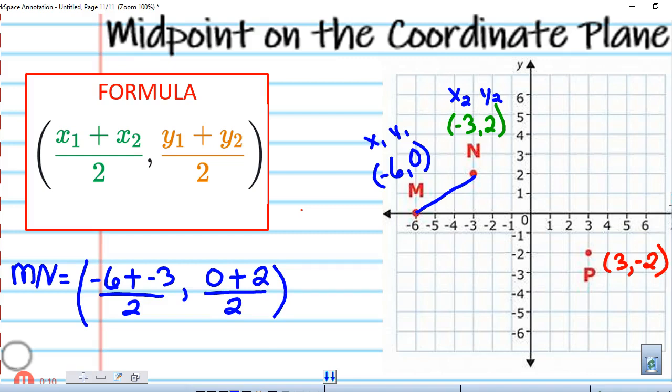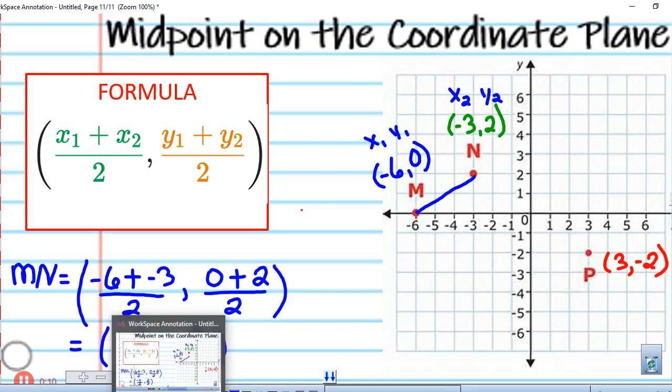All right, then we're going to solve that to give us our value. So -6 plus -3 is -9 divided by 2. 0 plus 2 is 2 divided by 2. Okay.